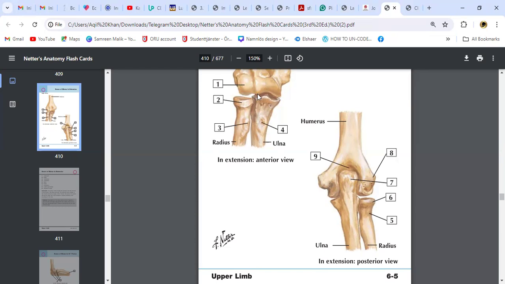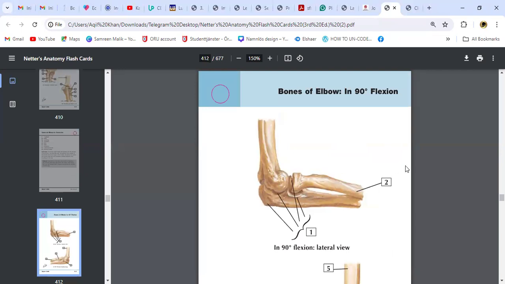One more picture I want to show you, because this is the view of the elbow joint in extension. I also want you to look at the bones forming the elbow joint in flexion. And this is the 90-degree flexion.